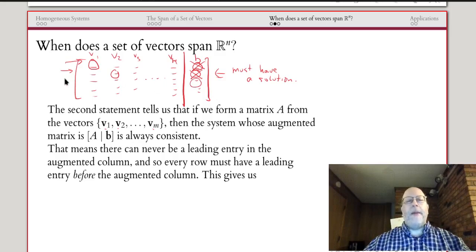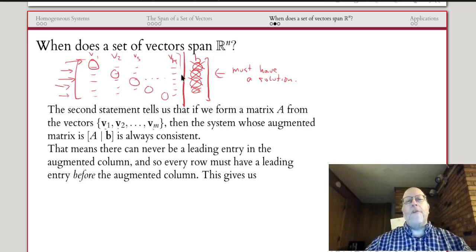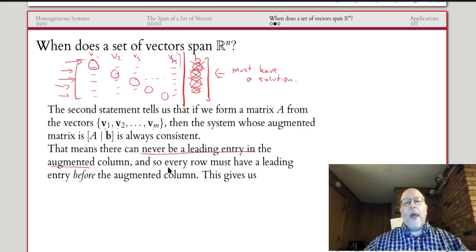And then this can't be a leading entry, and it means that the next row must have a leading entry before we get to b. And so if every row has to have a leading entry before we get to b, that means that every row has a leading entry on the coefficient side of the matrix and not the augmented side. That means there can never be a leading entry in the augmented column, and so every row must have a leading entry before the augmented column.